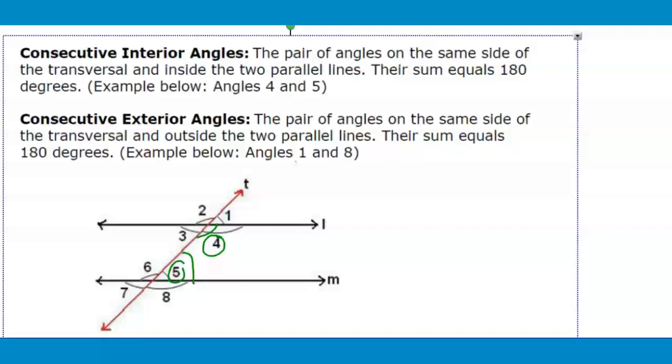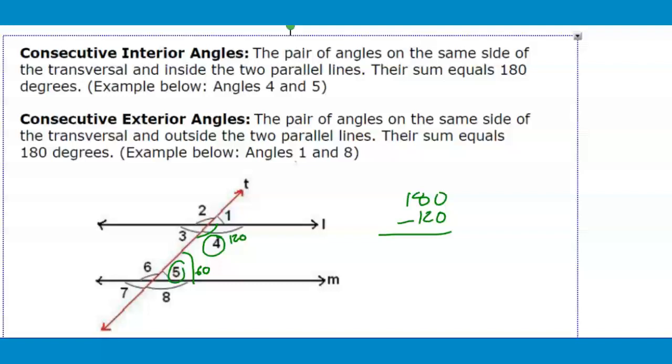So if I said angle 4 was 120 degrees, angle 5 would be 180 minus 120. So that is 60 degrees. So knowing that relationship would help us as well.